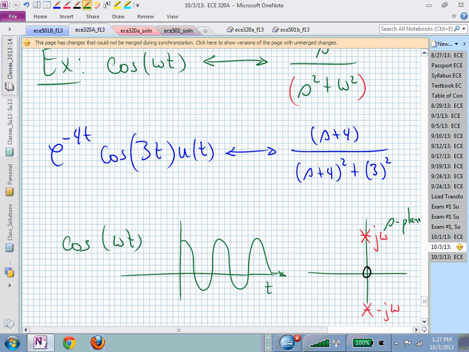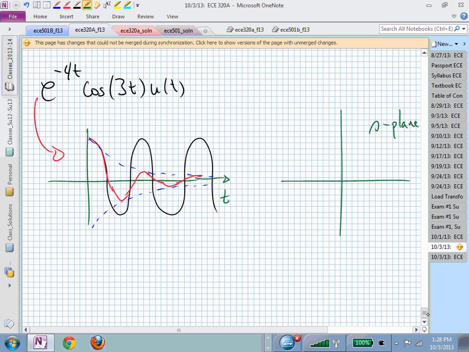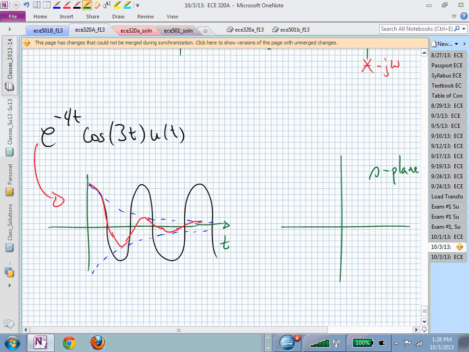That's your assignment for this evening, is to go home and show that a value of s equal to minus 4 plus j3 will cause that to vanish. And a value of s equal to minus 4 minus j3 will also cause that to vanish. They're at exactly the same vertical distance as the cosine of 3t.